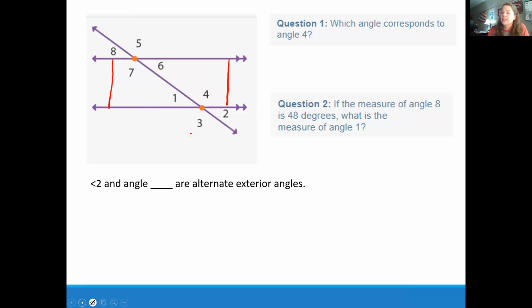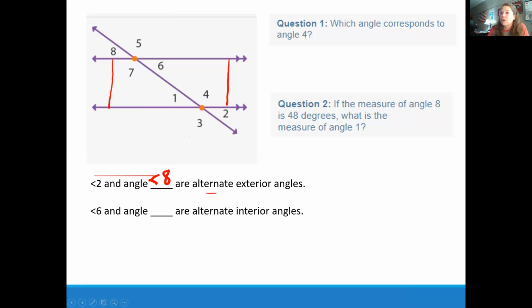All right, so the next question says angle 2 and blank are alternate exterior angles. So exterior means outside the parallel lines and alternate means opposite sides of the transversal. So 2 and 8, angle 8, are alternate exterior angles.